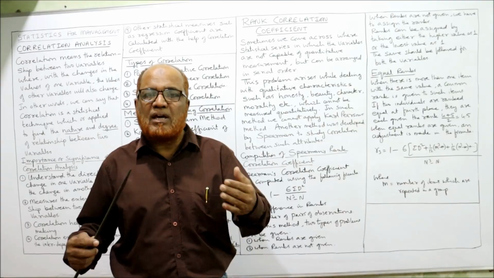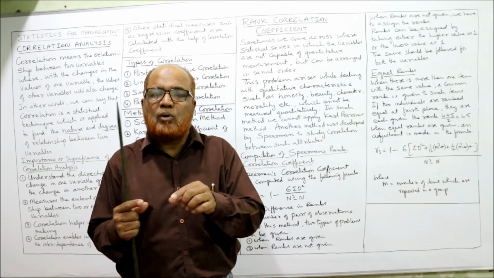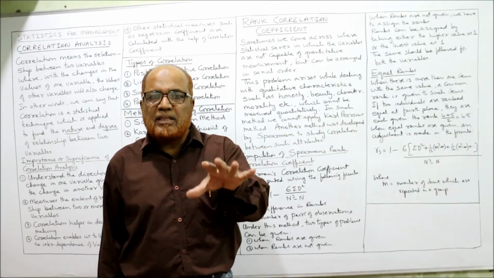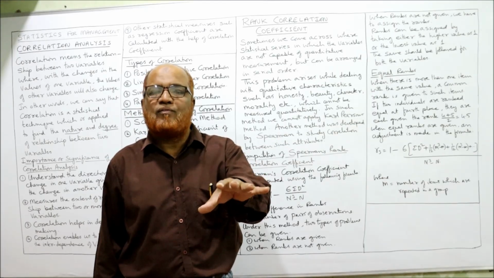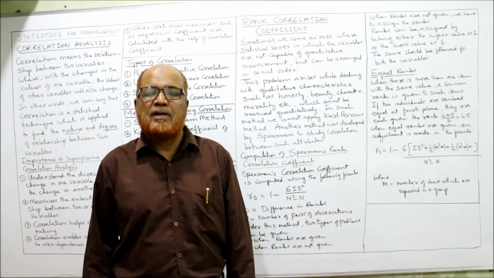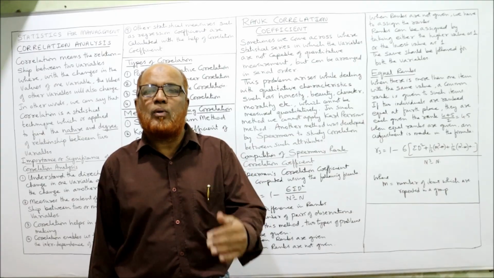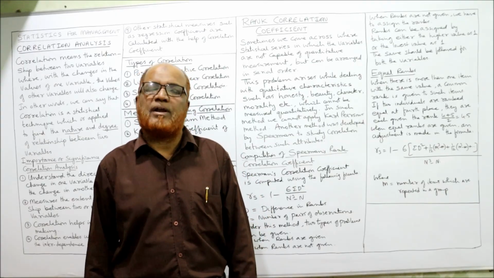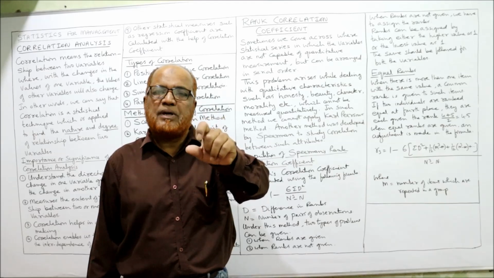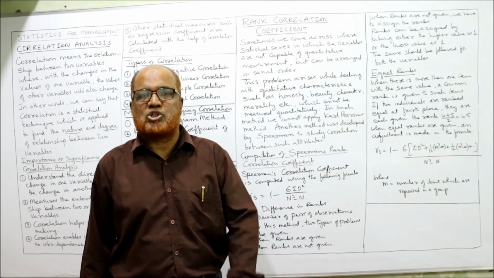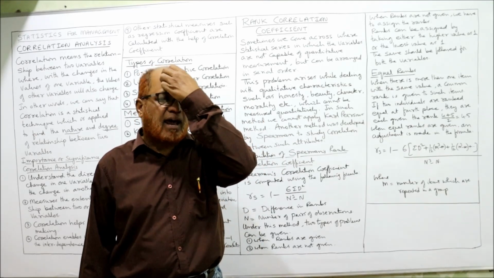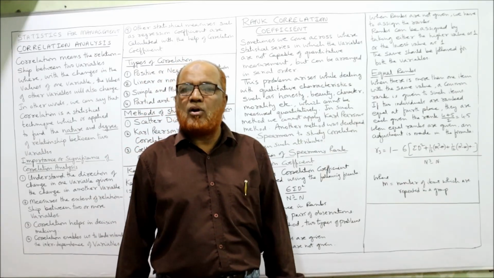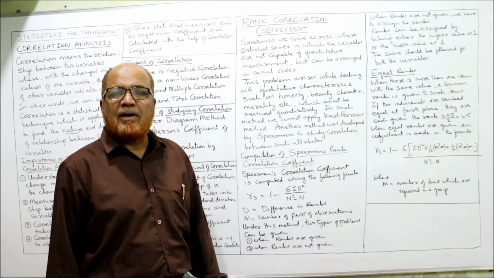But these things we can feel, but we cannot measure them. So in these situations, if you want to find the correlation, there is a separate method propounded by Edward Spearman. That's why it is called Spearman's rank correlation. So we will assign ranks to the variables. We will not take the variables, but we will take the ranks.